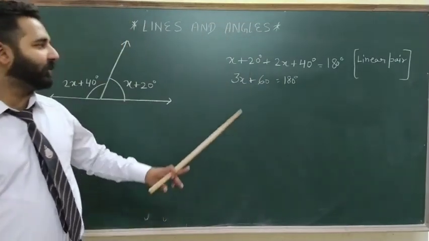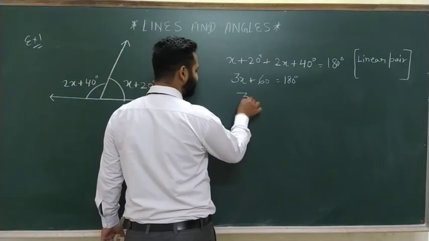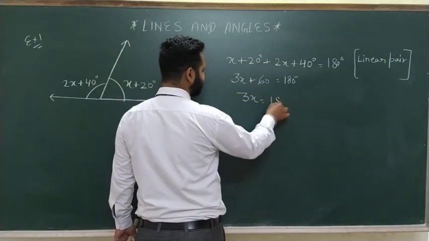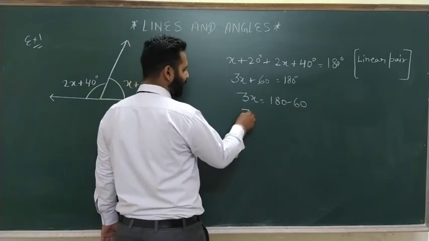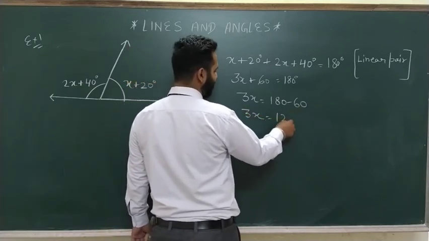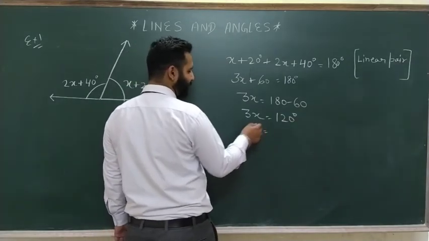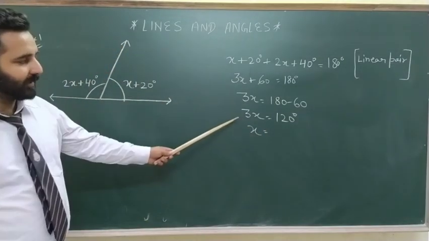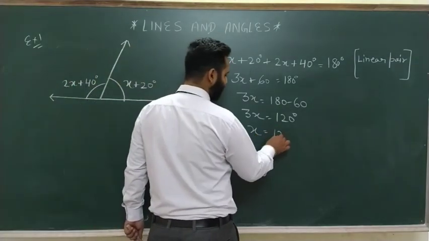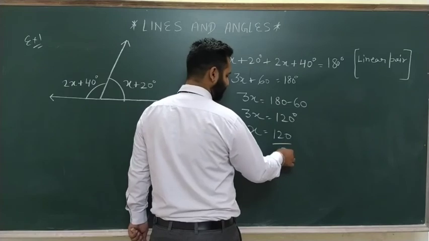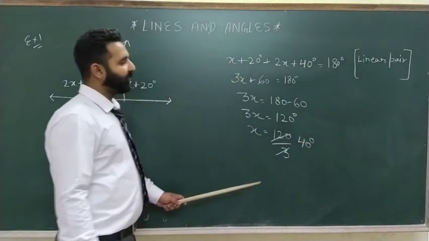Now 60 is plus on this side, on that side it will go in minus. So 3x is equal to 120... to 180 minus 60 gives 3x; you have to find the value of x. 3 is in multiplication here, on that side it will go in division. So we got the value of x is equal to 40 degrees.